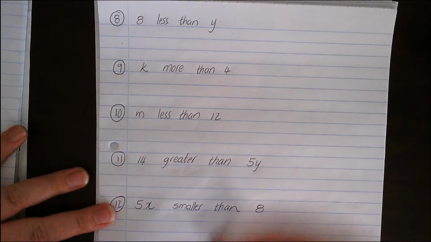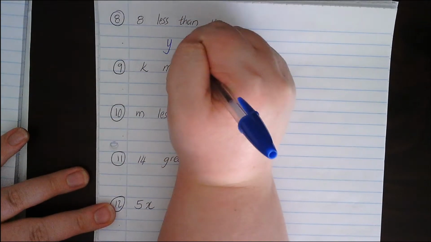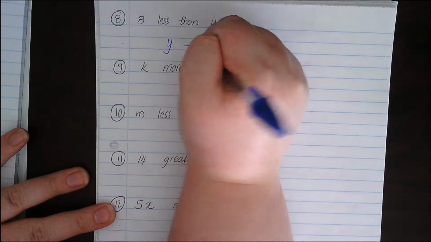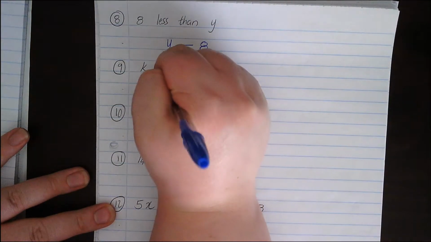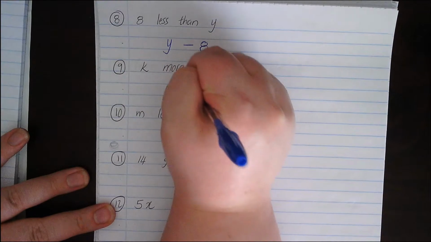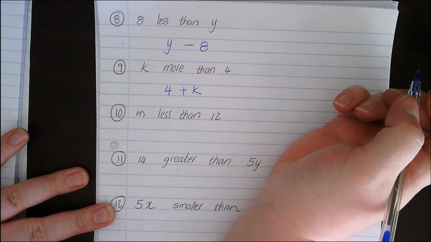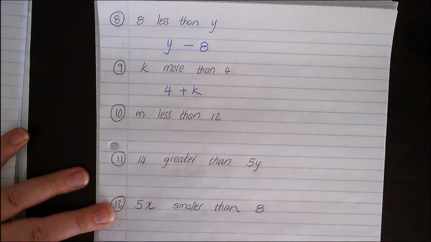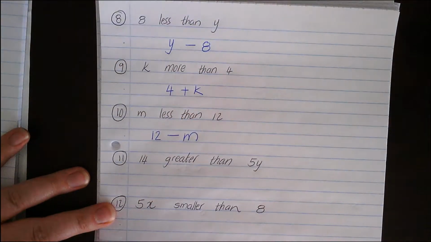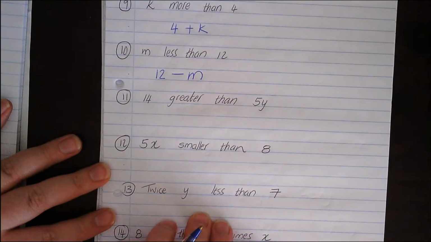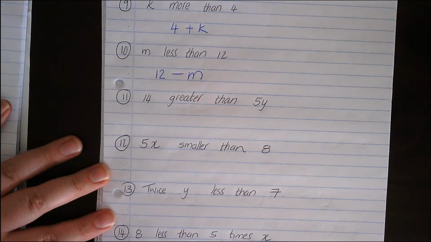8 less than y. We started with y and took away 8. K more than 4. We started with 4 and added k. M less than 12. We started with 12 and subtracted m. 14 greater than 5y.